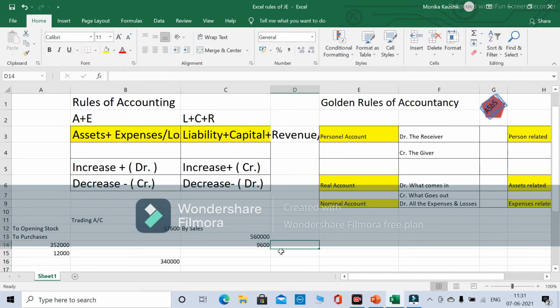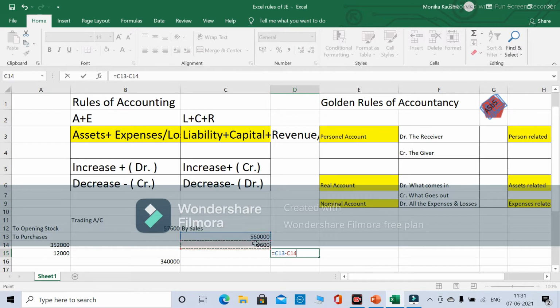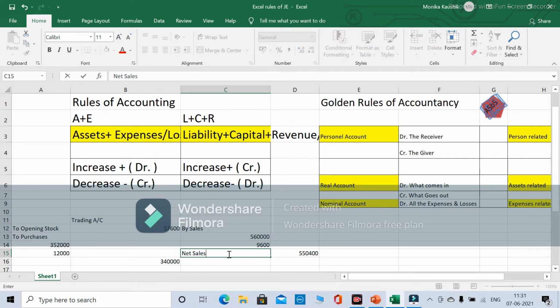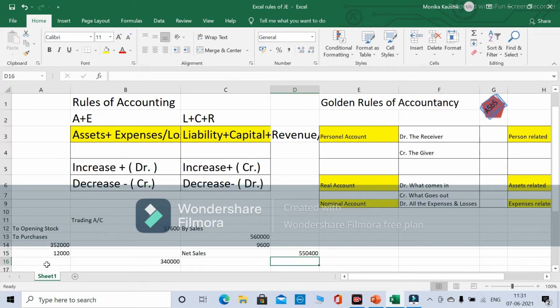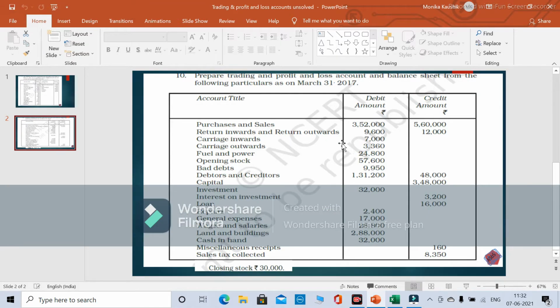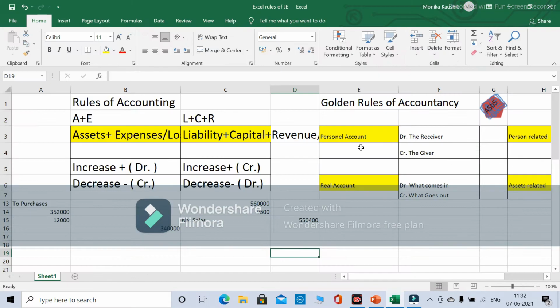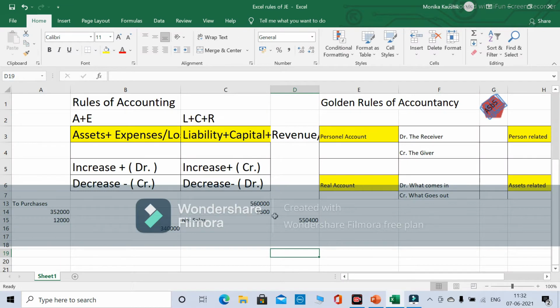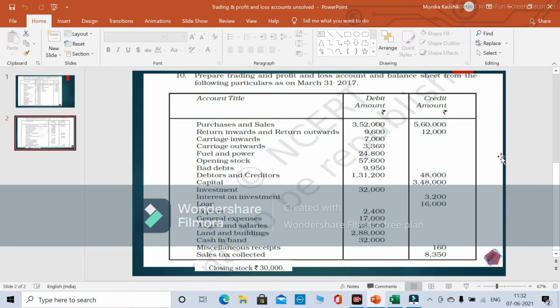Now the net sales will be equal to this minus this. This will be my net sales. You can write it in any way you want. I'm not focusing on the format, but you will have to take care of that also. So now this is done, net sales and net purchase.